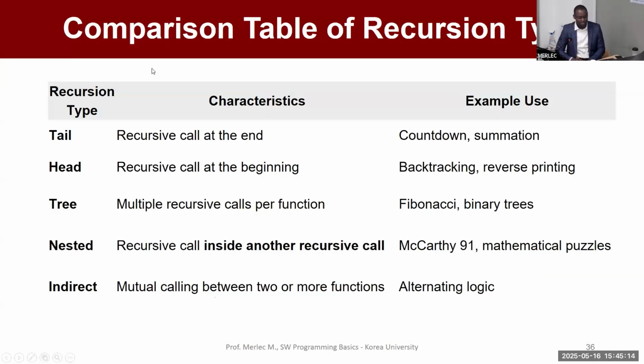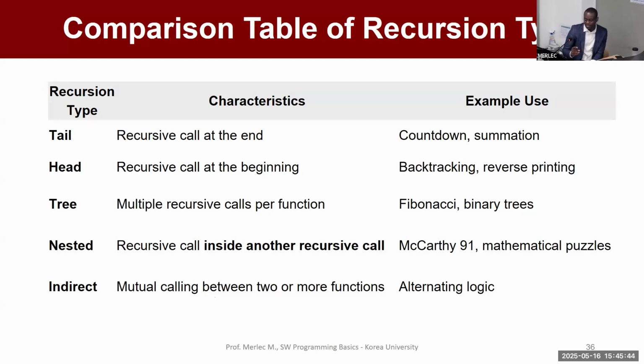So let me now give you a sense of comparison of these 5 types of recursion calls. We have the direct recursion, which has 4 subtypes: tail recursion, head recursion, tree recursion, and nested recursion. On the other side, we have indirect recursion.